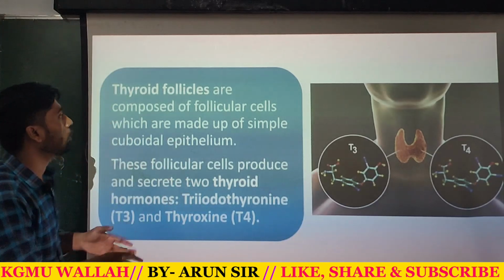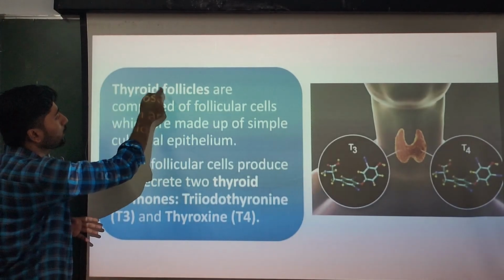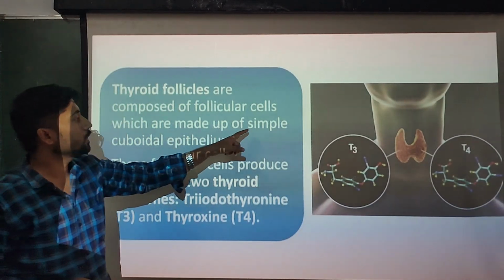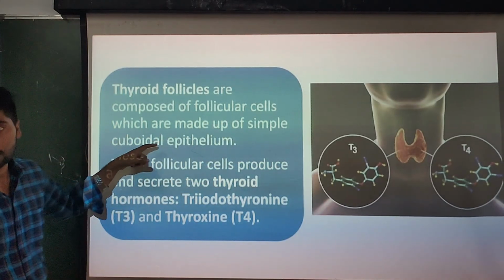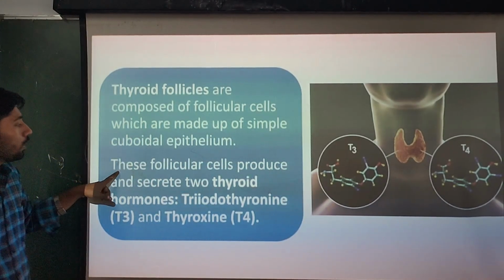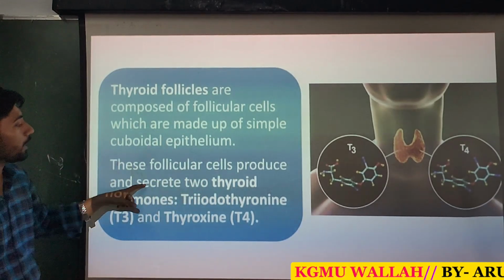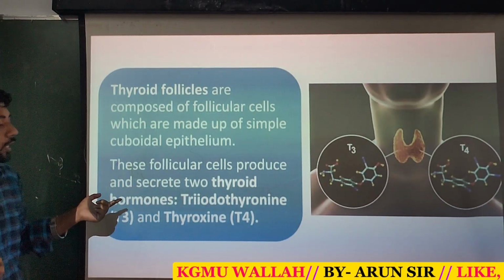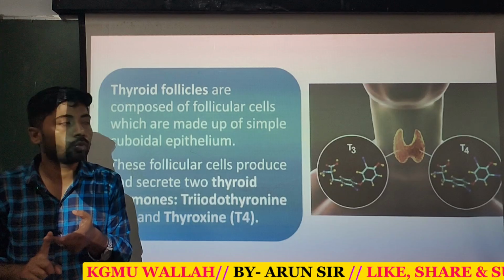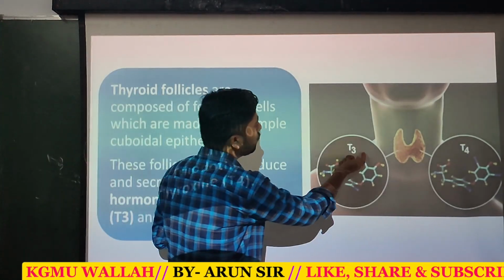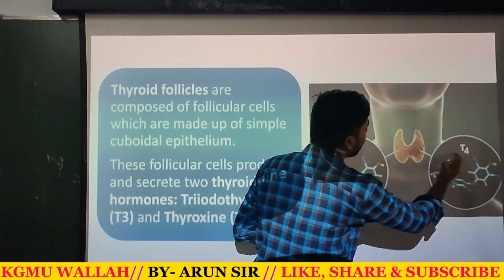That means the thyroid follicles are made up of which? Simple cuboidal epithelium. Clear? The follicular cells produce and secrete two thyroid hormones, that is T3 and T4. You can see here T3 and T4.